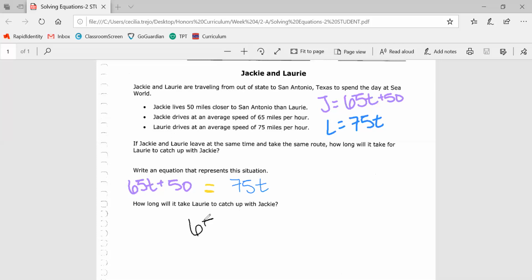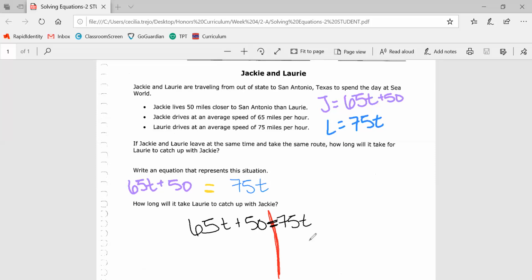So that means we would rewrite this. And like I did on our paper yesterday, I like to put a little line right where the equal sign is, because what I do on one side of the equals, I'm going to do on the other side, because it has to be a balance. Otherwise, it's not balanced and you're not going to get the right answer.